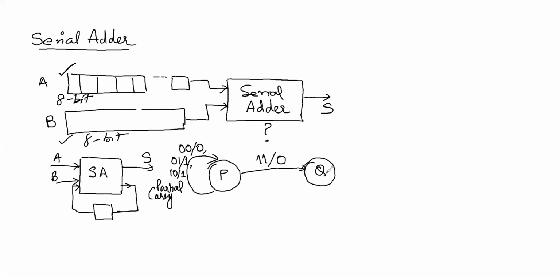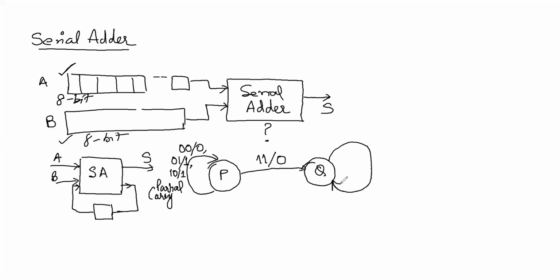Now, from this state, if I know my carry in is 1, now I still have 3 combinations of input. I can get 0, 0, 0, 1, 1, 0, so on. Okay. Now see what will happen.